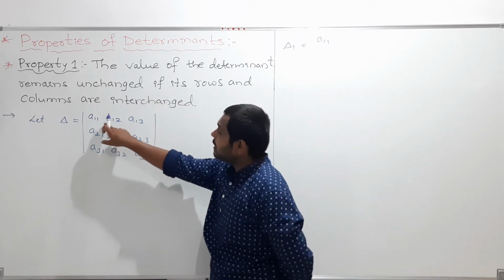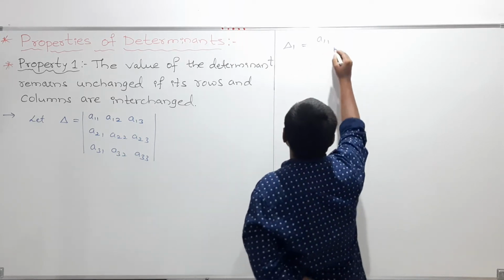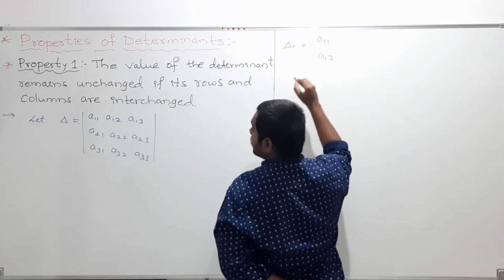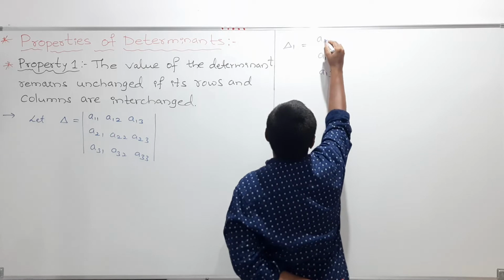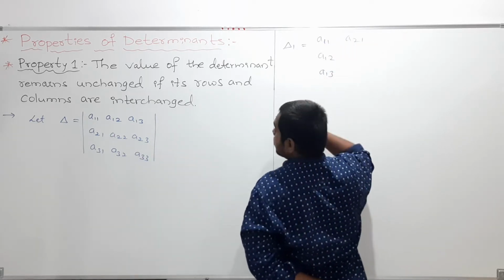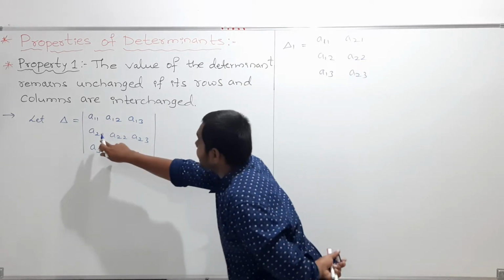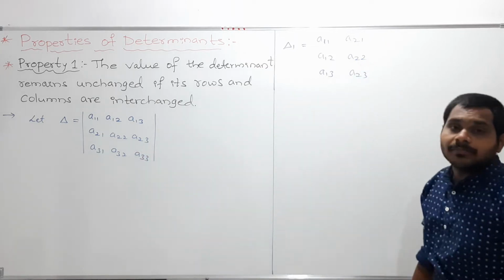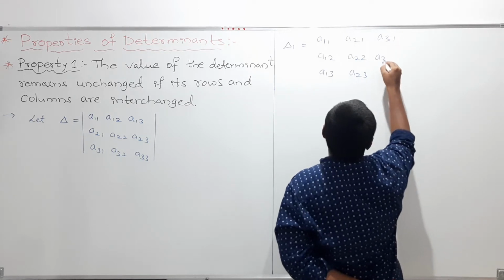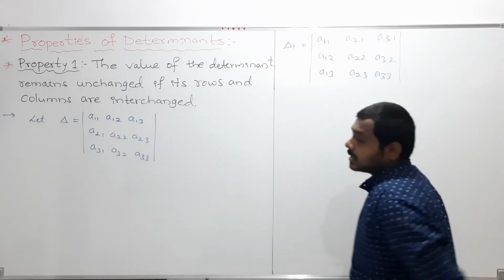What I am doing here is interchanging rows into columns. So the first row I am writing as a column: a11, a12, a13. Next, second row, a21, a22, a23, I am writing as the second column. Next a31, a32, a33.